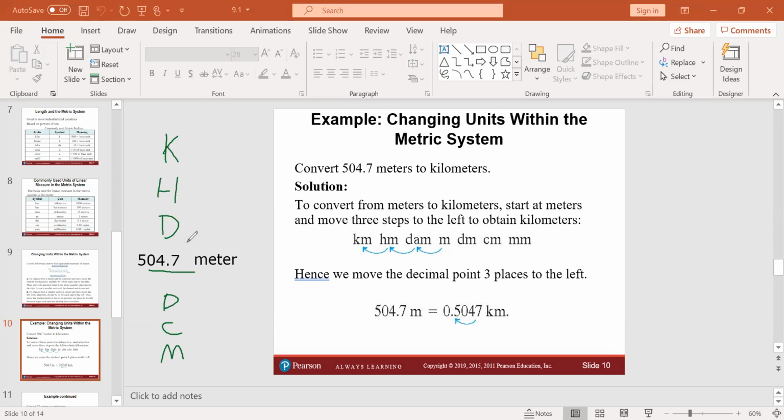So we've got to go 1, 2, 3 spaces up. So we're going to move the decimal point 3 places, and I'm sorry, we're moving it to the left, excuse me, because we're moving up. So we take our 504.7.